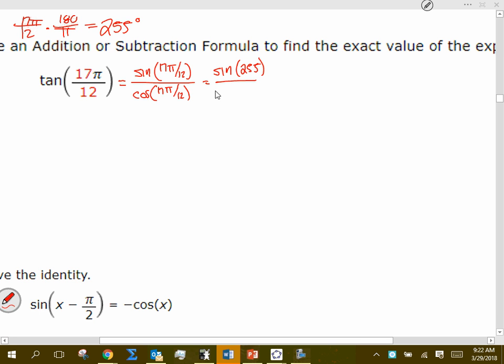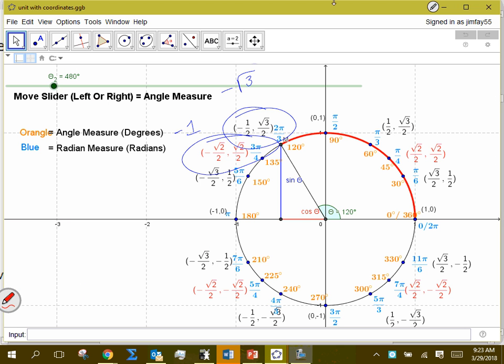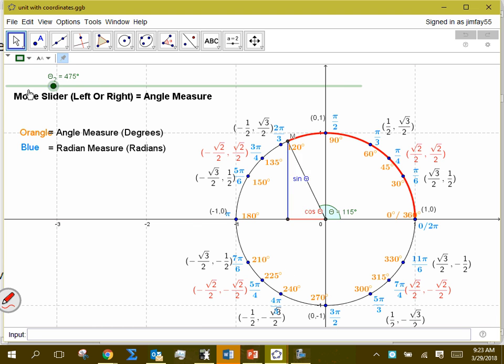So I have sine of 255 over cosine of 255. Now, does anybody know what the sine value of 255 is? No. Okay, it's not on the unit circle, right? If we bring up the unit circle, 255 is not there. But by using some of the values that are on the unit circle, I'm just looking at these orange degrees right now. Can I take a couple of those together to get 255?